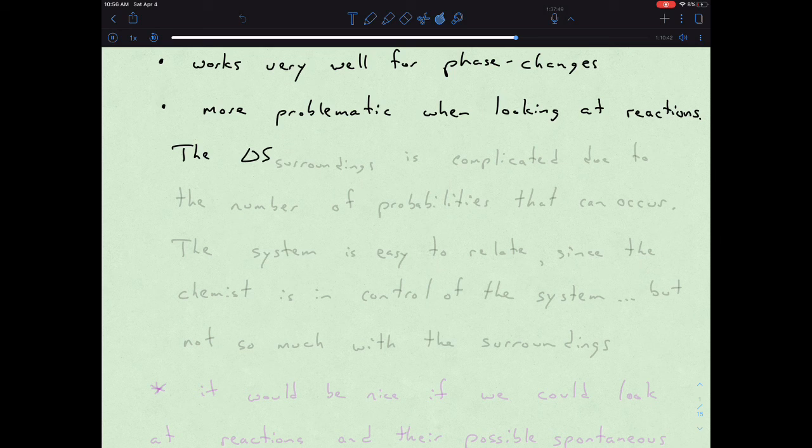The delta S of the surroundings is complicated due to the number of probabilities that can occur.